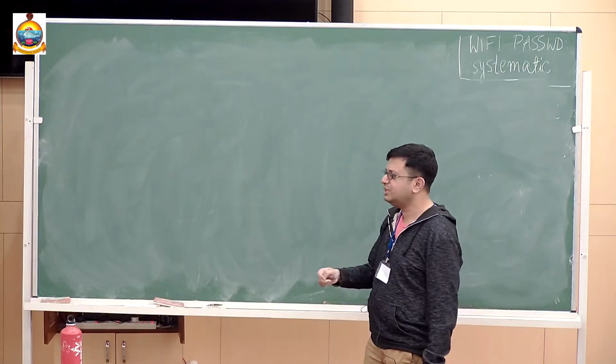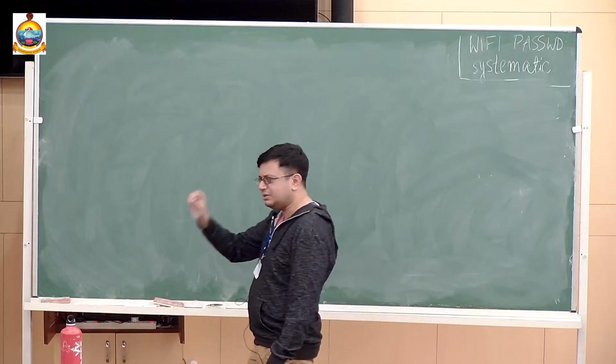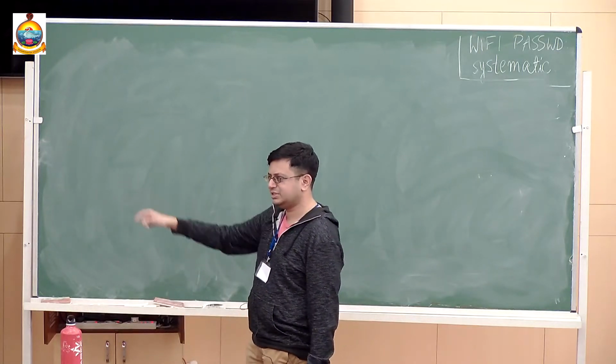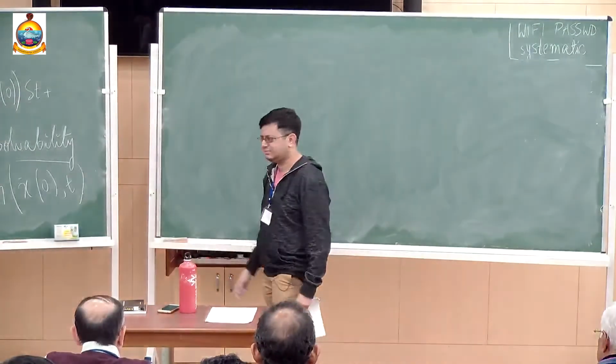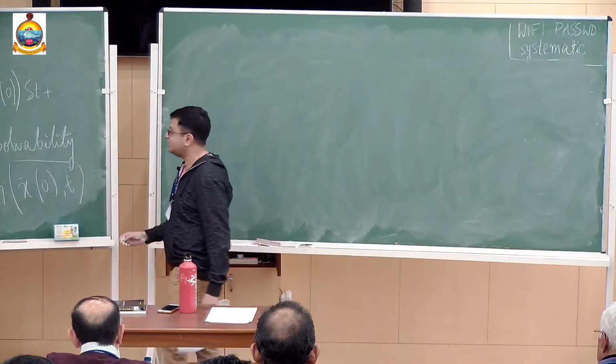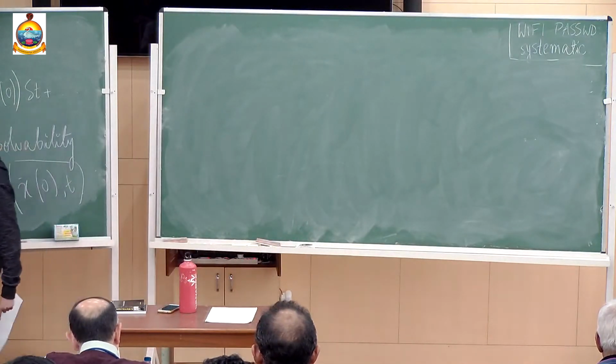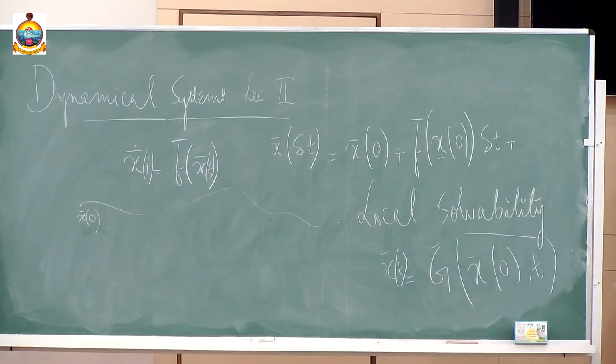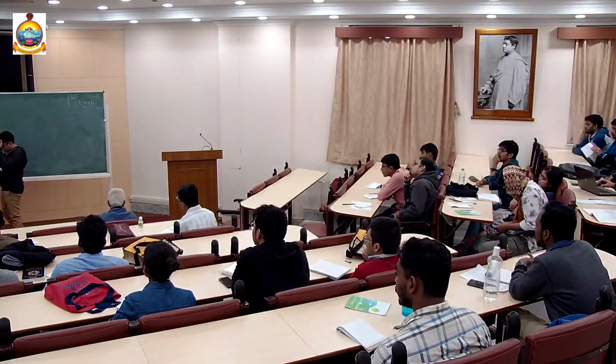I showed you the procedure. You can integrate those equations, and then you can write down a closed form expression for theta as a function of t. I plug in the value and I get it, but in general it is not possible, especially because these are non-linear functions. I may not be able to do it, and so I am stuck. So I have to find out what to do next.